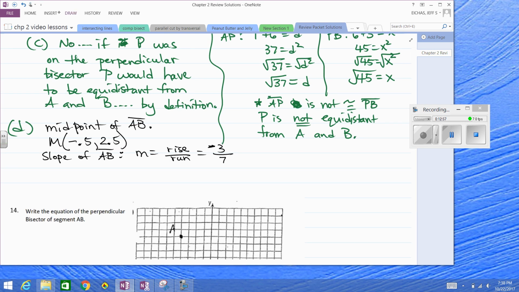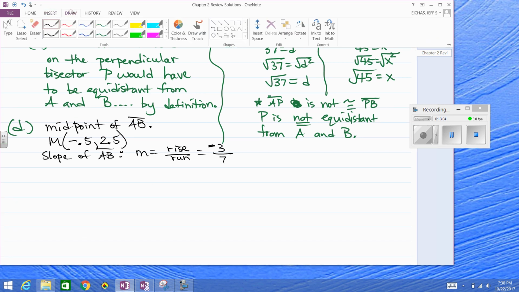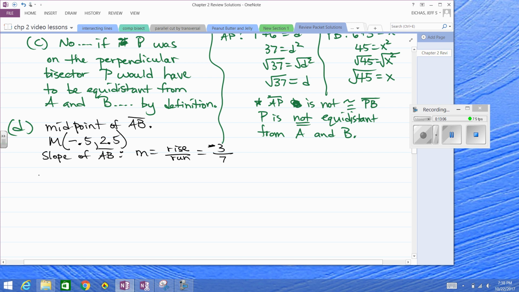All right, the perpendicular bisector has to pass through the midpoint of that segment, and it has to be perpendicular. So perpendicular to AB, the slope has to be 7/3. We have to flip and change the sign. When we say negative reciprocal, it's like if we multiply a negative times a negative, it's a positive. So that's why I'm not going to put 2 negatives in there. That's a positive.